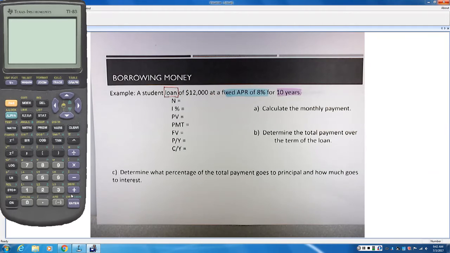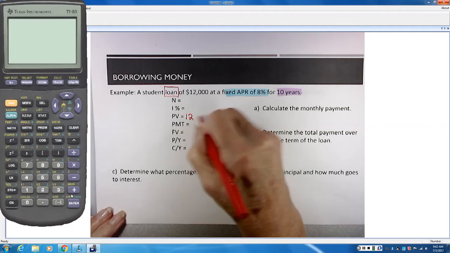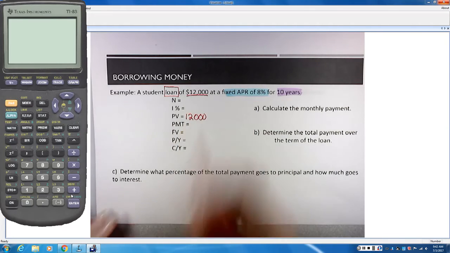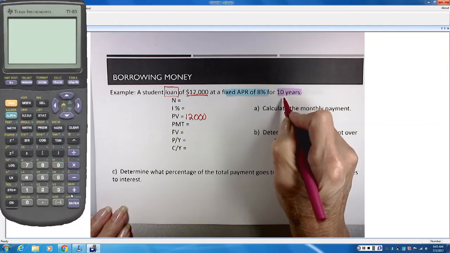So let's see what I know. I know that my present value is the amount of that loan. I know that I'm going to pay that loan off in 10 years.